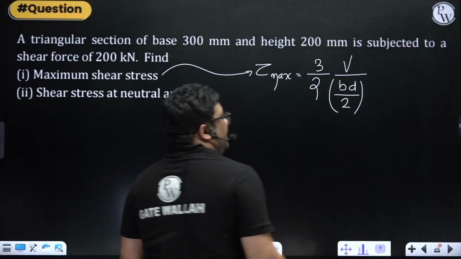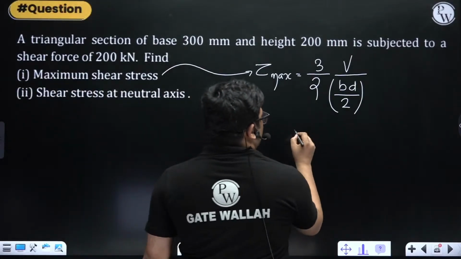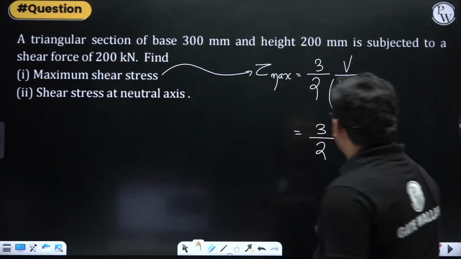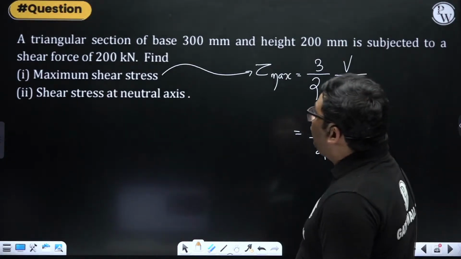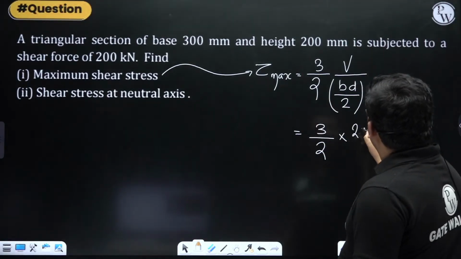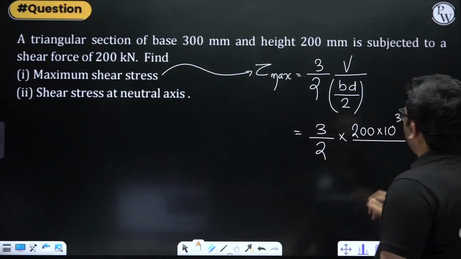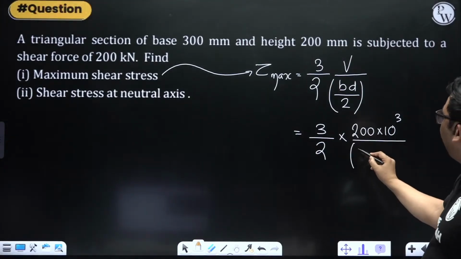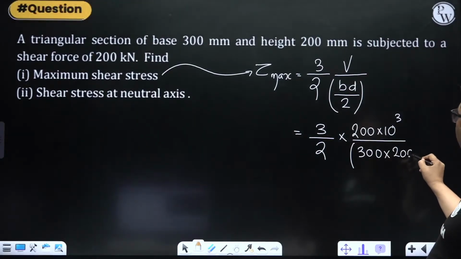Because in a triangle the area is BD by 2, right? Yes. So here 3/2 into V. V is what? 200 into 10 to the power 3 divided by what? Divided by BD by 2. So B is how much? B is 300 and D is 200.